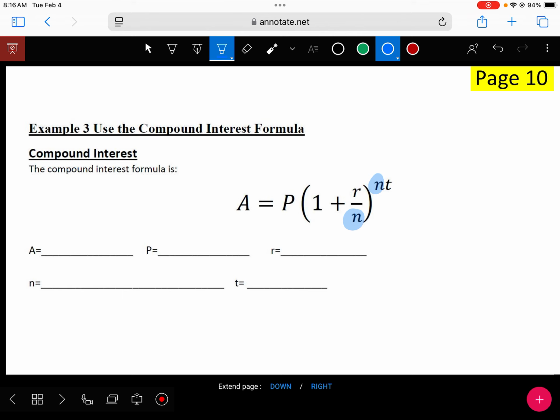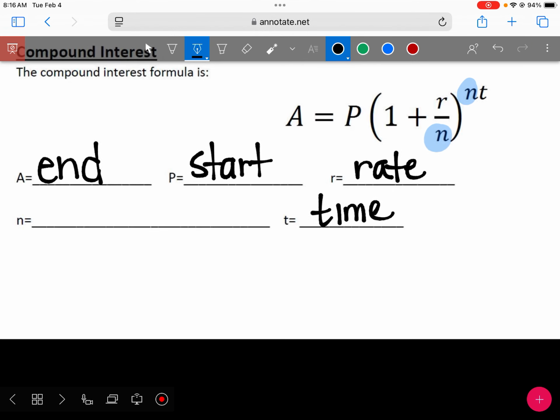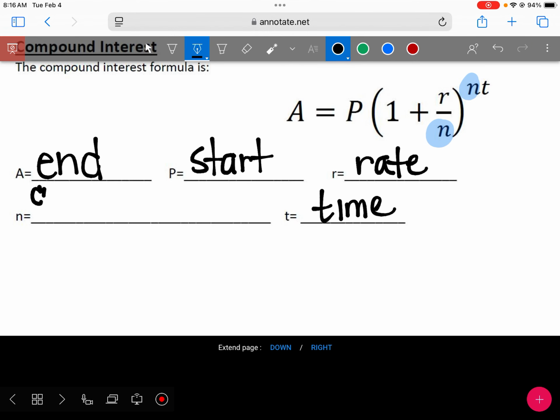A new value, which is N, I should say. All right, so A, just like in the old formula, A is your ending amount. P is your starting amount. R is your rate. T is time. The new value that we're talking about, N, is compound frequency.